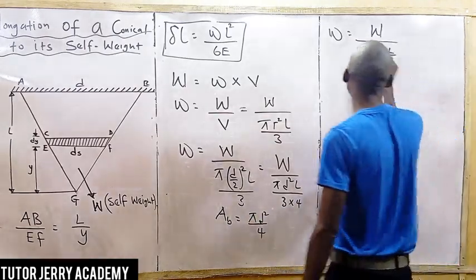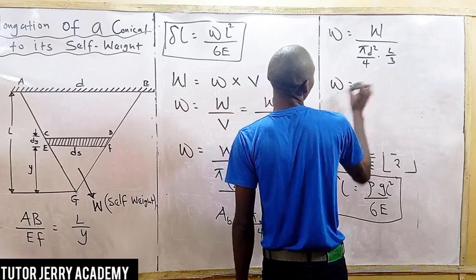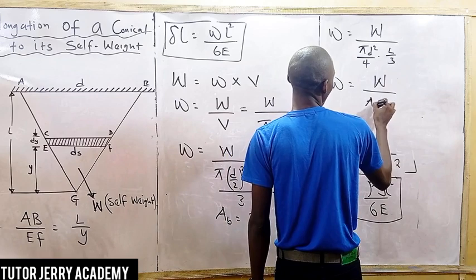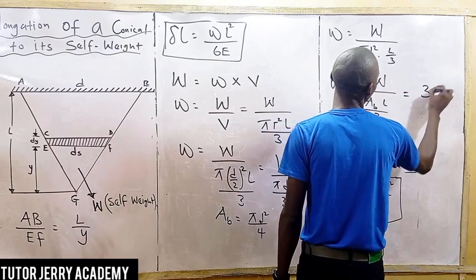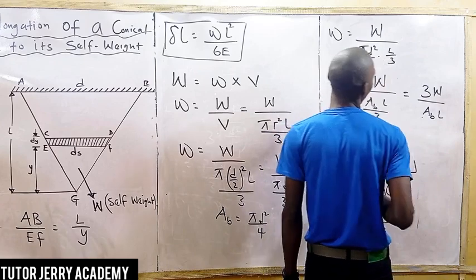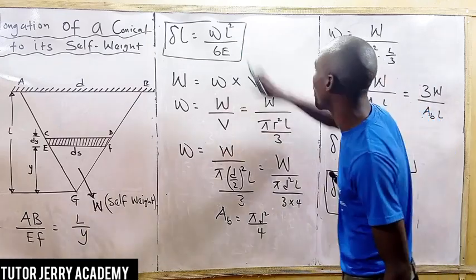So we can replace everything here with the area of the base. So our omega will be equal to W all over AB L all over 3, which will be equal to 3W all over ABL.